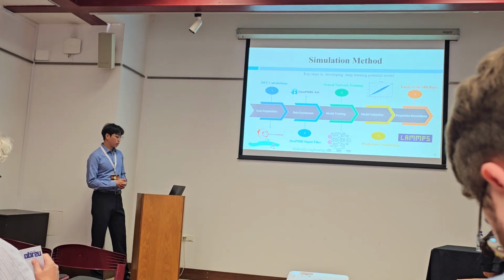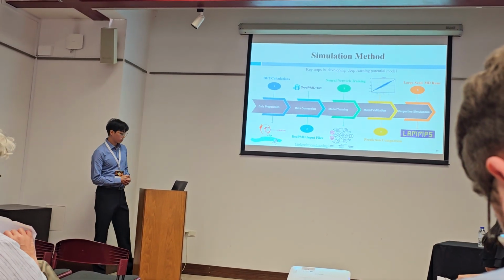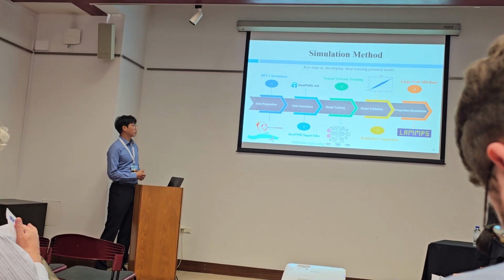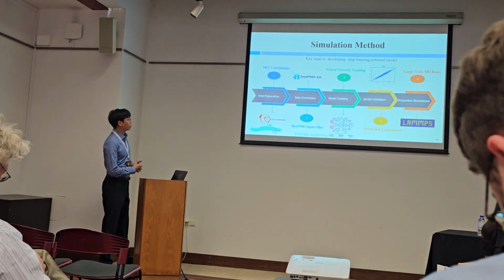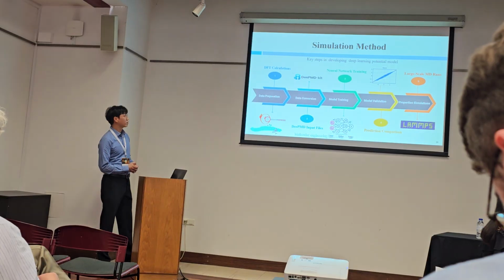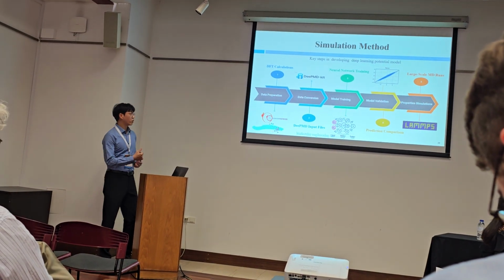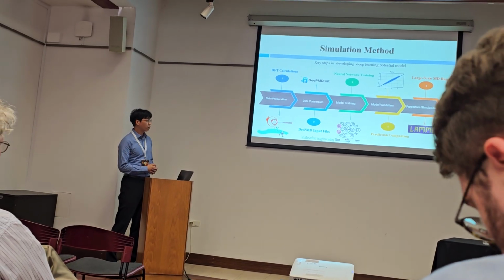Here are key steps in developing our deep learning potential. The workflow has 5 main stages. First is data preparation. We use Quantum ESPRESSO to perform DFT calculations and collect training data. Second is data conversion. We transfer the training data into DeePMD file format.